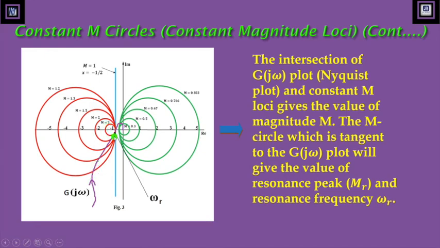The M circle which is tangent to the G j omega plot will give the value of the resonance peak M_R, and the resonance frequency at that point is omega R.